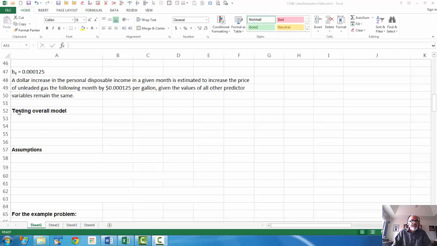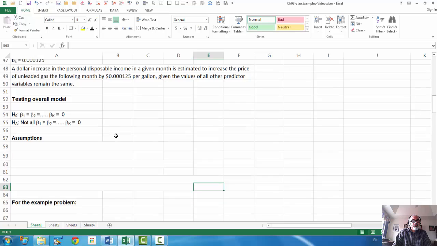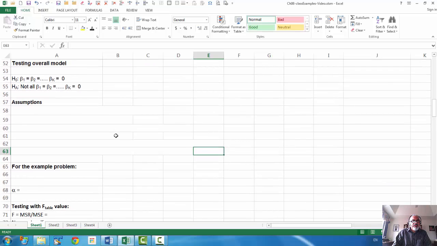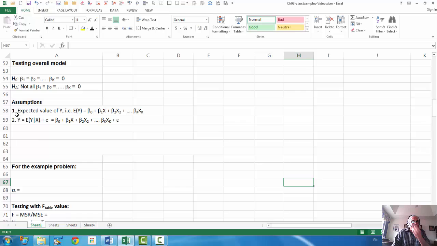So, testing for the overall model. The hypothesis is stated in this fashion: all slope coefficients equal to 0, versus not all slope coefficients are 0. Then we have the assumptions. The first assumption: the expected value of y is given by this regression equation. The actual y value is the expected value of y given x plus the random error.